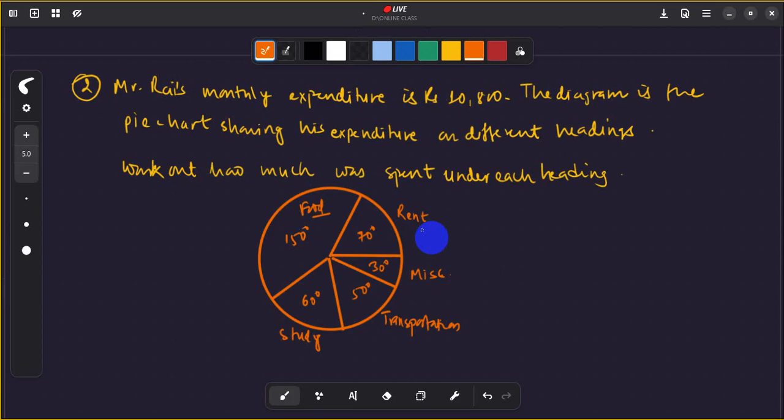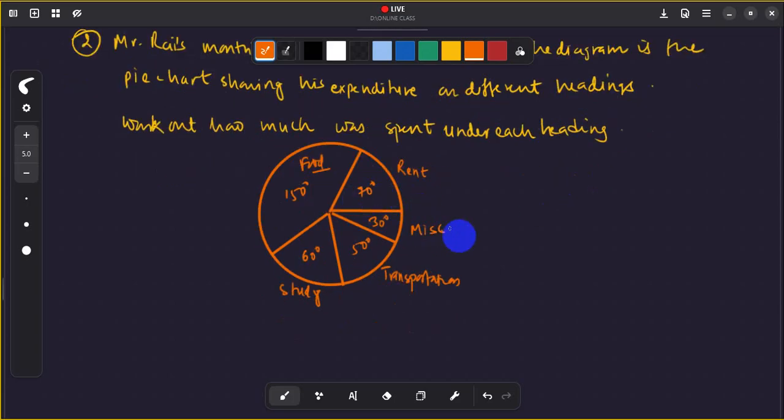Now his monthly expenditure is 10,800. So out of 10,800, he has spent on different headings. For rent it's 70 degrees, for miscellaneous 30 degrees, for transportation 50 degrees, for study 60 degrees, and for food 150 degrees.